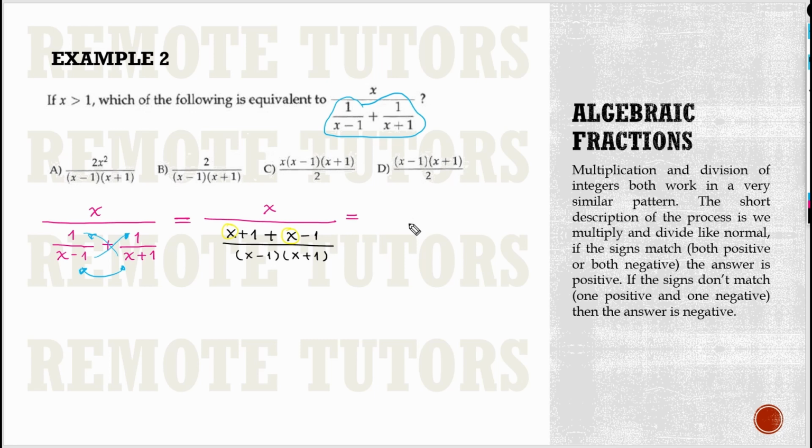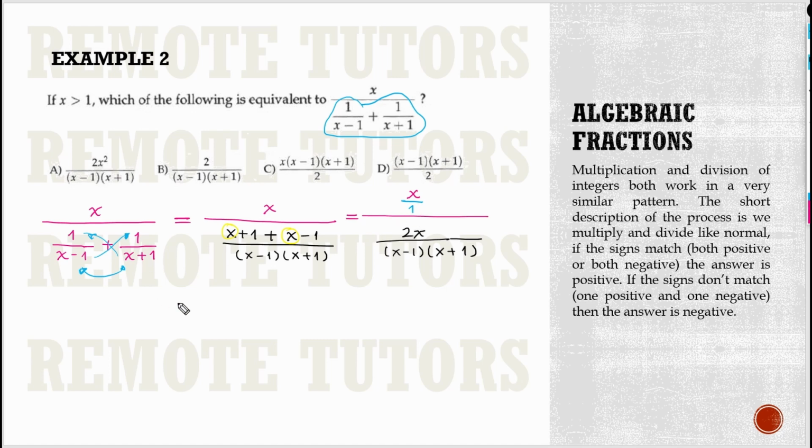X plus x gives 2x, while 1 minus 1 gives 0. So we get 2x, and then here x minus 1 times x plus 1. Now, remember that the x on the top is divided by an invisible 1.